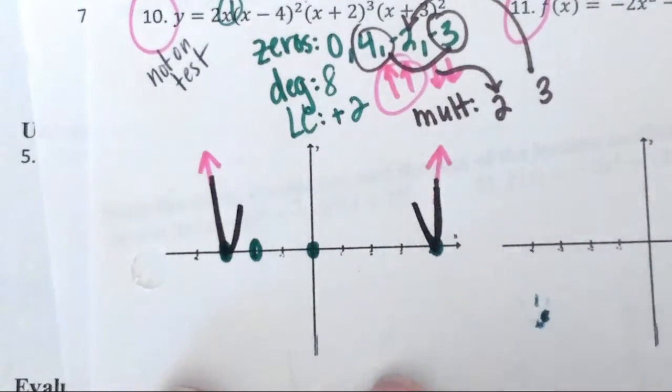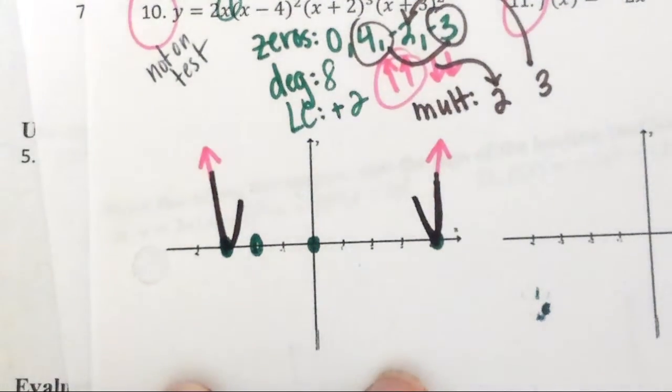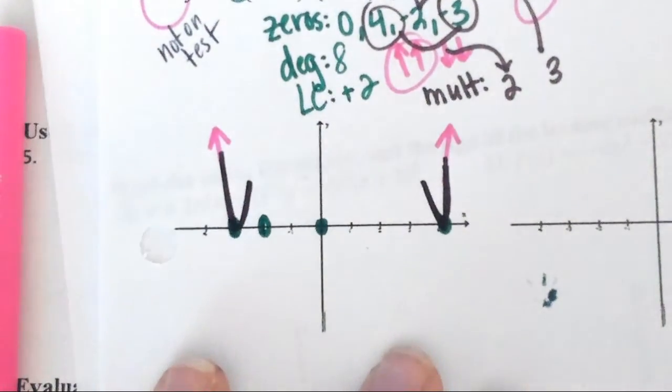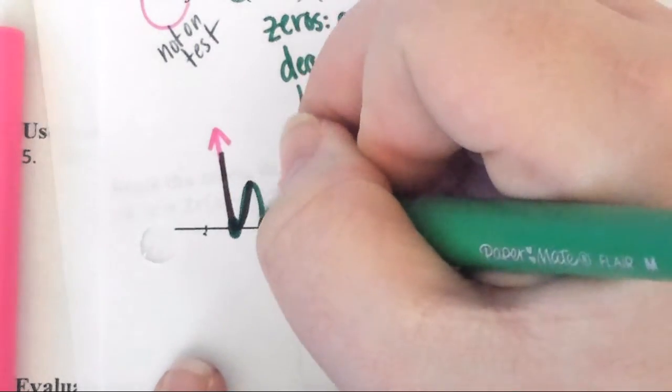Now, since it's a degree 8, I don't know that it's necessarily a W. It would have to be a W right now, but we don't know that. Degree 4s are specifically W's. We're going to have something a little more complicated. Now, maybe it looks like this.